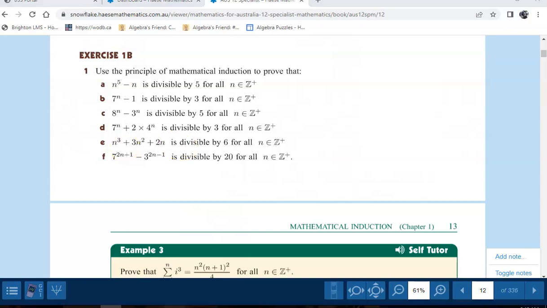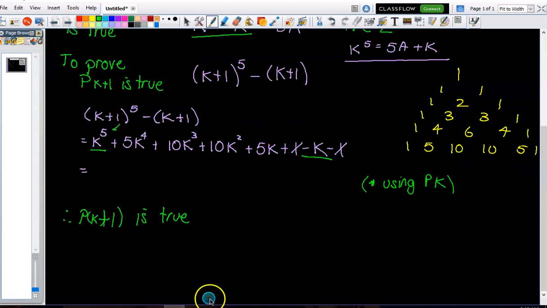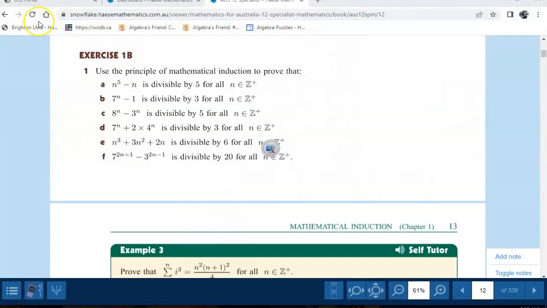But a thing to remember, when you've got the division by 6 to show that it's divisible by 6, sometimes it's beautiful and you can pull out that common factor of 6, right?